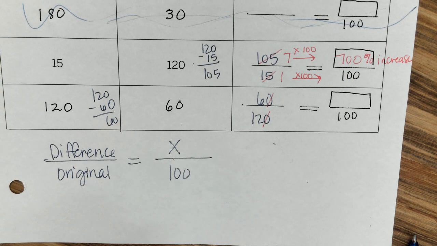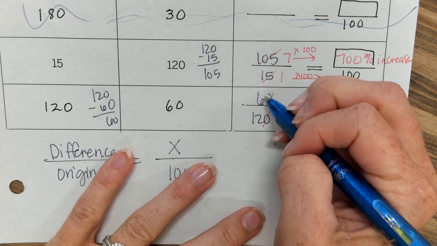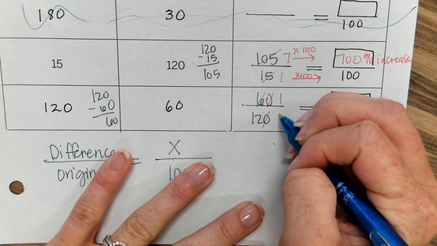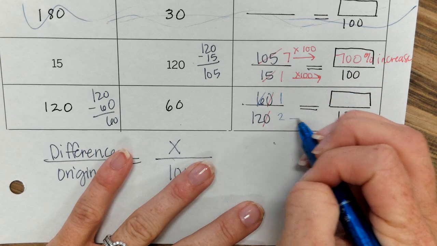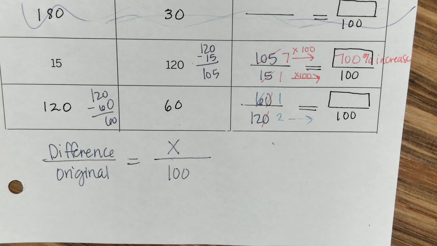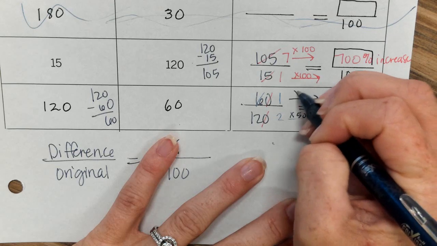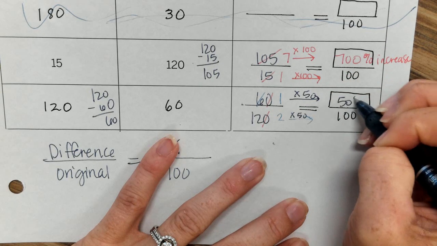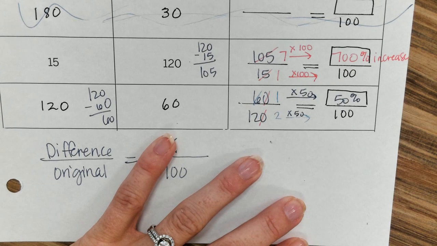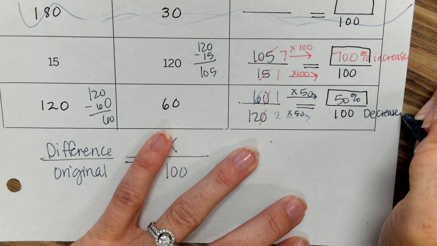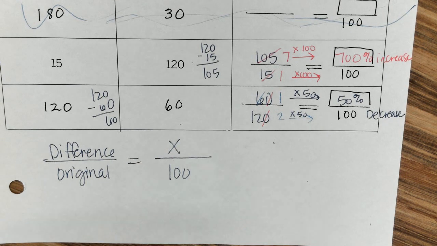And then I'm going to simplify 6 over 12. What is 6 divided by 6? 1. What's 12 divided by 6? 2. How would I get from 2 to 100? Times 50. So this was a 50% decrease. Why is it a decrease? Because the cost went down.